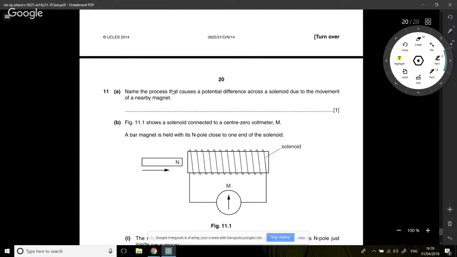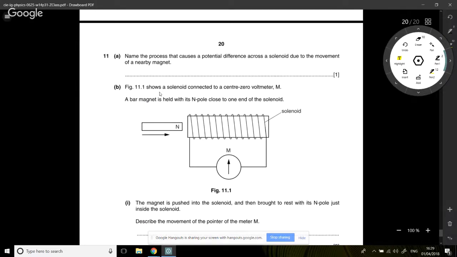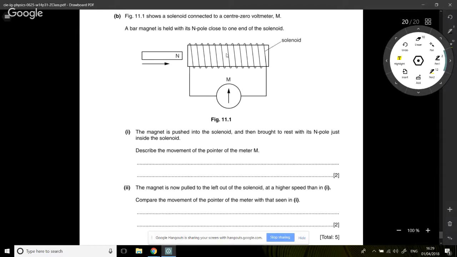All right, name the process that causes potential difference across a solenoid due to the movement of a nearby magnet. That's just basically electromagnetic induction, quite straightforward. Then you've got this diagram over here, and they say we're going to push a magnet through it.